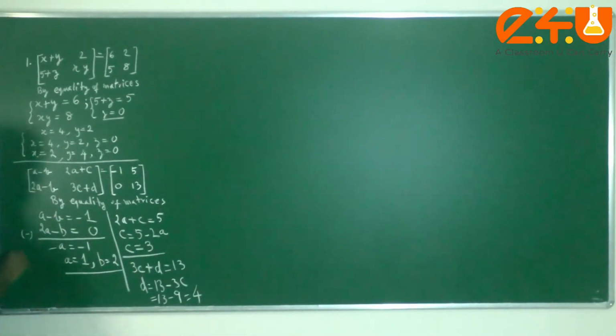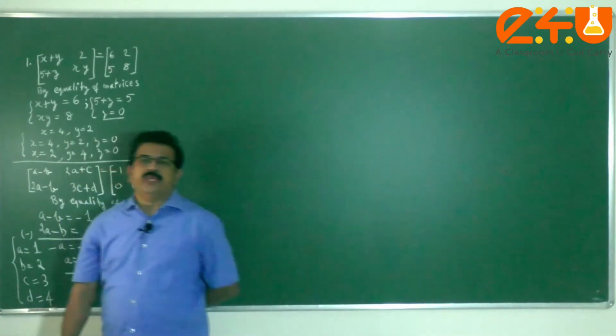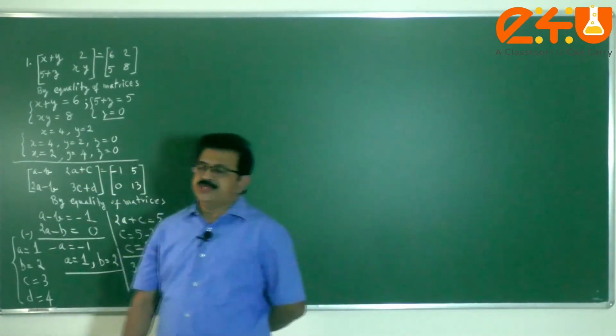Okay. So let us write, combining the results, the value of A, the value of B, the value of C and the value of D. So in order we find A is 1, B is 2, C is 3 and D is 4.